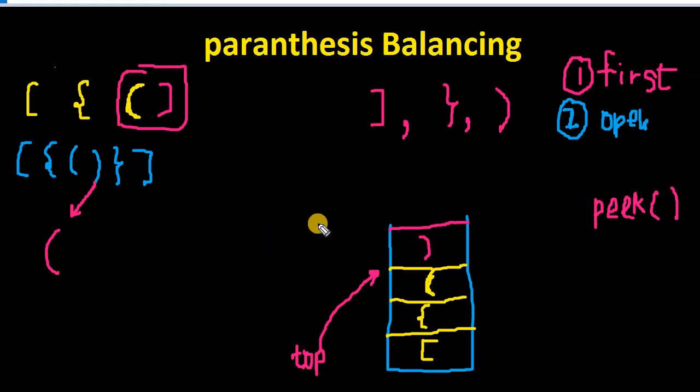So what we can do is perform a pop operation and delete this value and this value, and a basic pop operation would be performed, right? The top will be decremented and top will start pointing here. I hope you got the logic. So let me clear this. Now top will be pointing here. This particular bracket will be removed. This will be removed. Why? Because we found a closing pair for it.